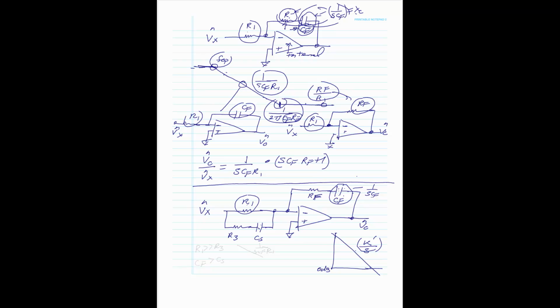Typically, R1 is going to be much greater than R3, like before, because we're going to want the zero to come later, and then CF is greater than CS. Knowing those conditions, we have an integrator, 1 over s CF R1.